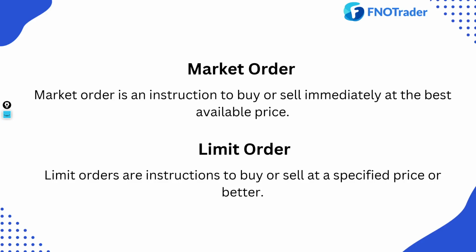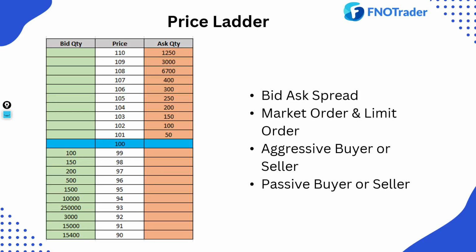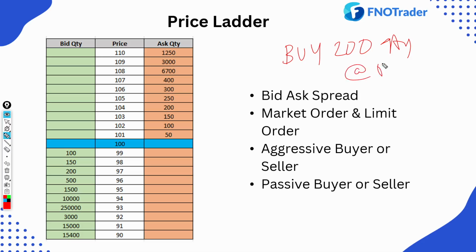Now let's understand through a price ladder or a depth of market and see what happens when you place a market order and what happens when you place a limit order. Let's say I am going to place a buy order.